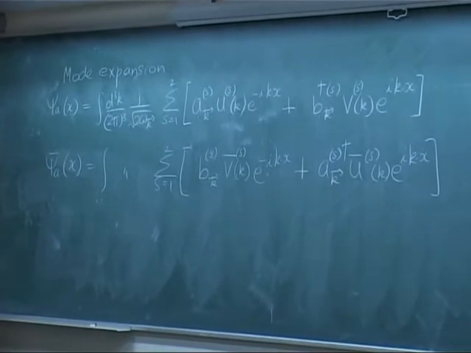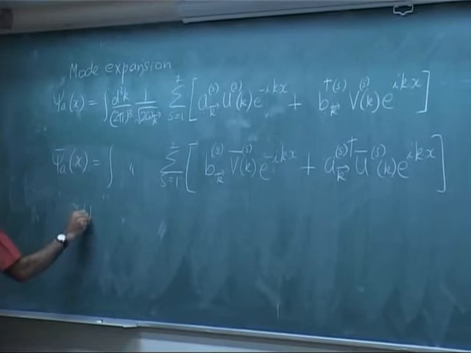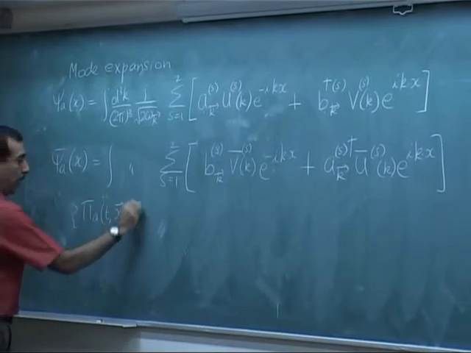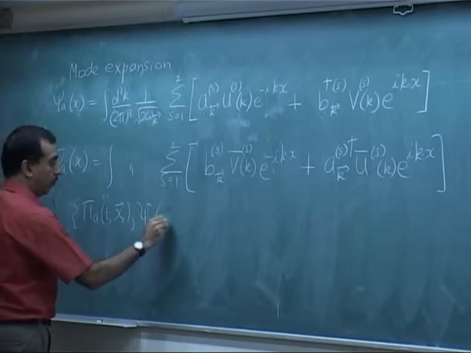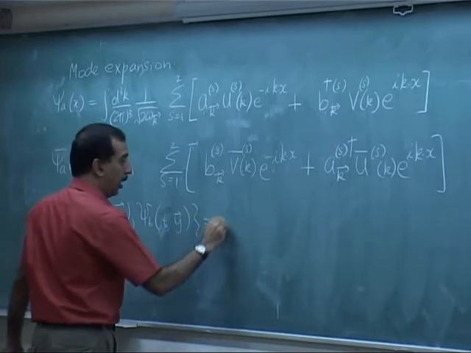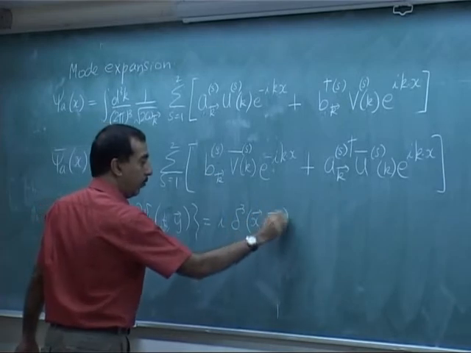Now to quantize, we've already said that the anti-commutator of pi_A and psi_B equals i delta^3(x minus y).